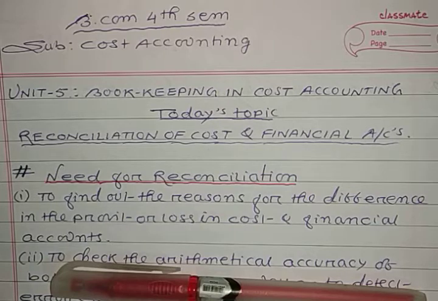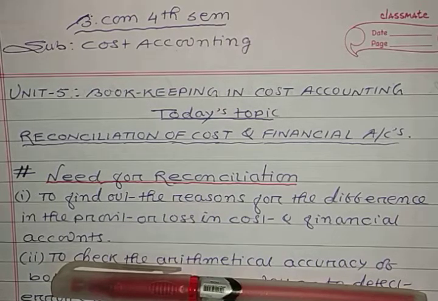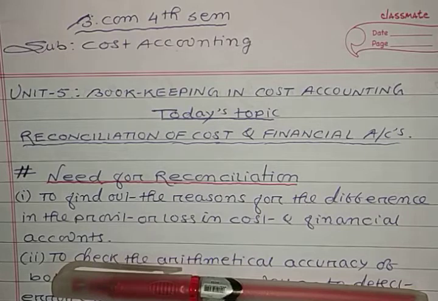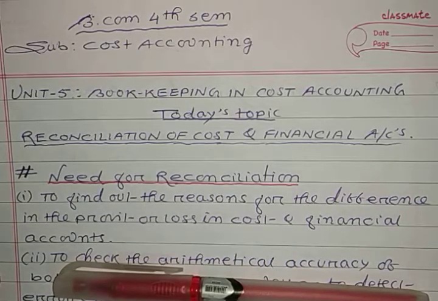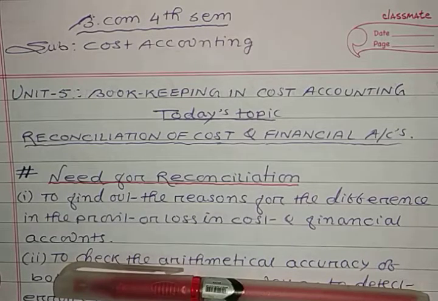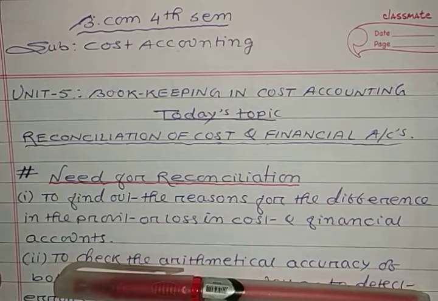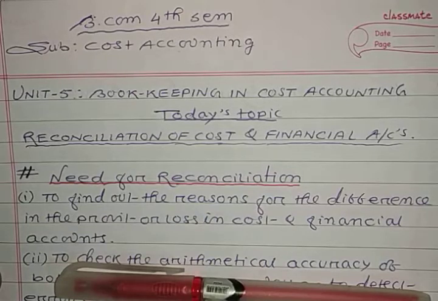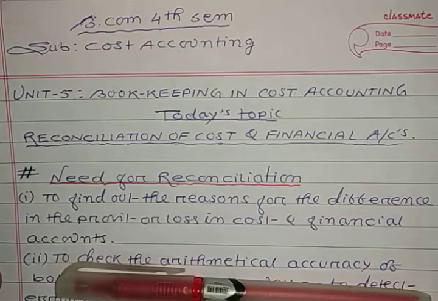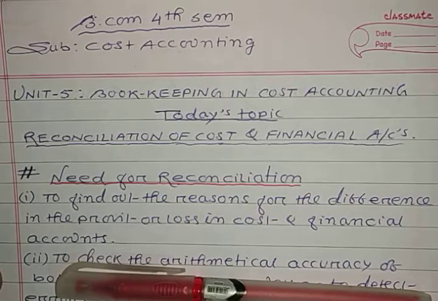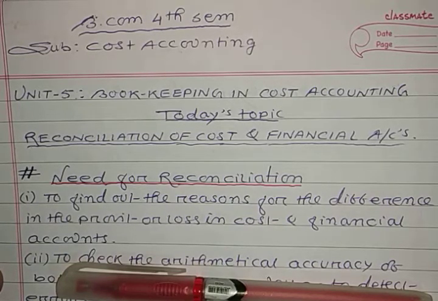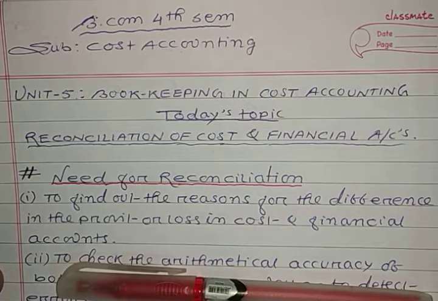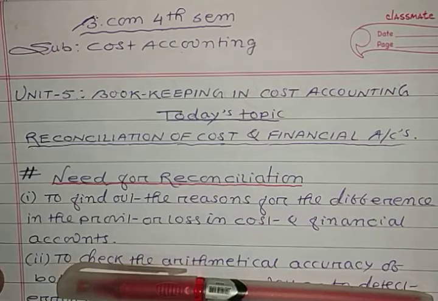However, in the separate accounting system or non-integral accounting, where separate cost accounts and financial accounts are maintained, the profit or losses disclosed by the two sets of accounts may differ. In such cases, it becomes necessary that cost and financial accounts should be reconciled.